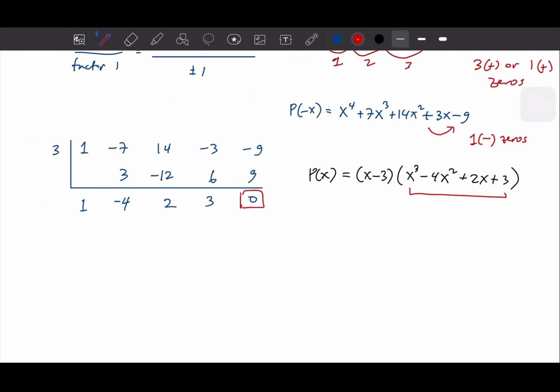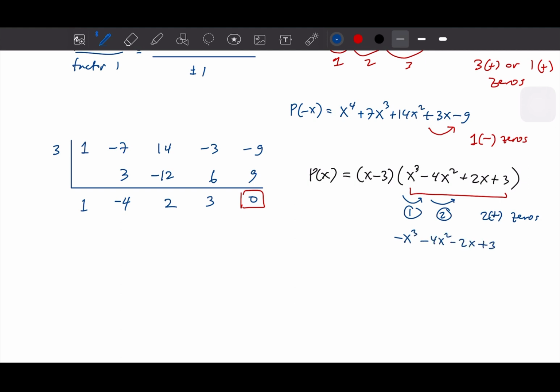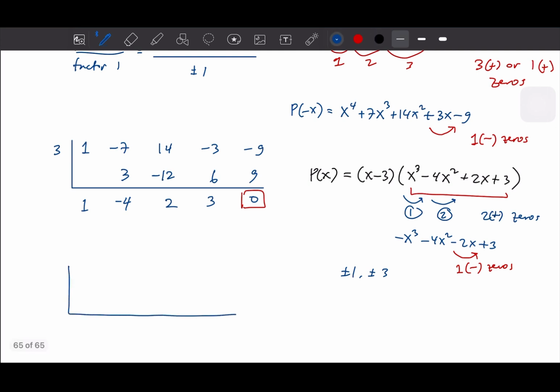We can see that this has 1, 2, so 2 positive zeros. And if you want to check the negative 1, it has 1 negative zero. So we could check the negative 1, and we can check that it has a factor of 3 and 1, right?